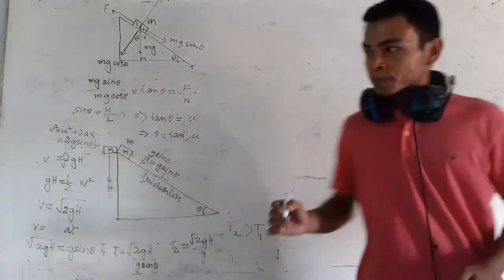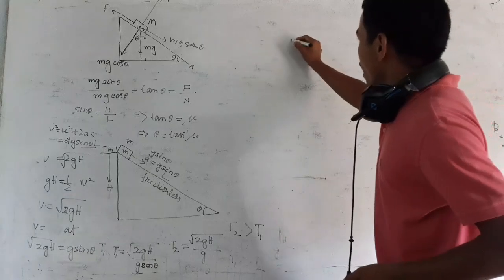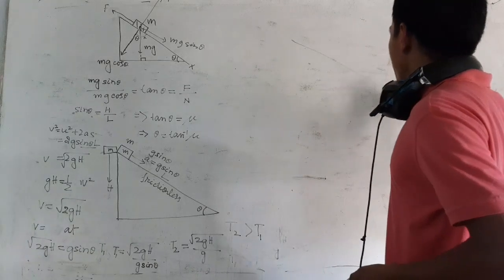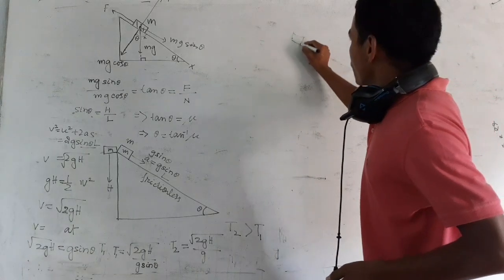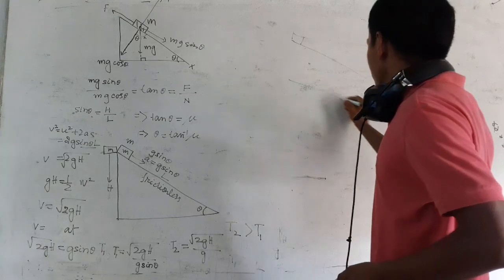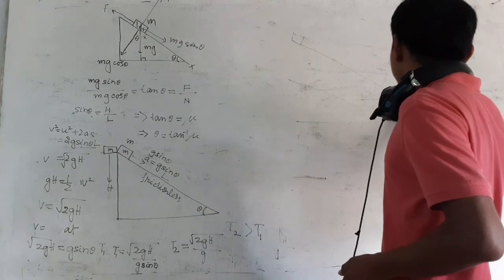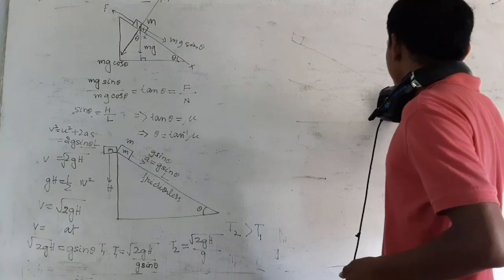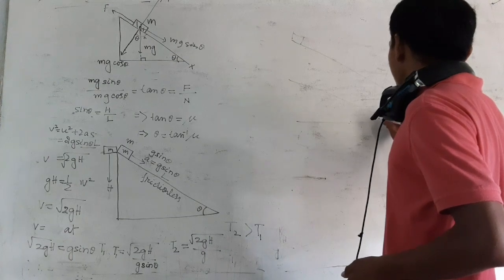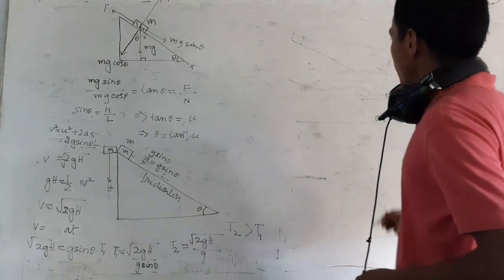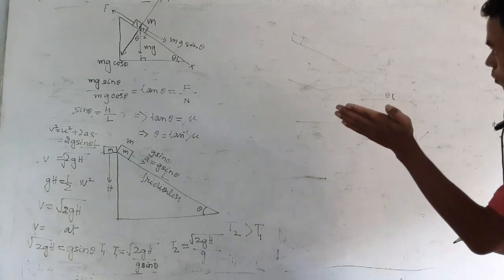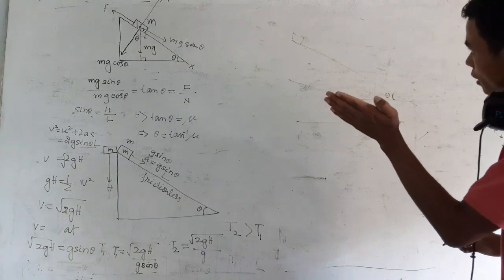Next problem is when I slide down blocks of same masses along the inclined plane having the angular inclination equal to theta, but the inclined plane is same.